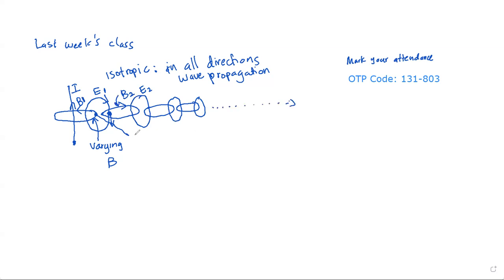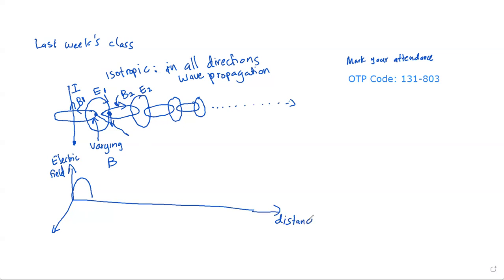Okay. So this behavior we can draw in a certain plot where we draw the magnitude of the electric field and the magnetic field. Okay, so the electric field, if we take into consideration along this axis, we can consider how the electric field is varying, and we can see that the electric field with the distance is varying according to a wave.